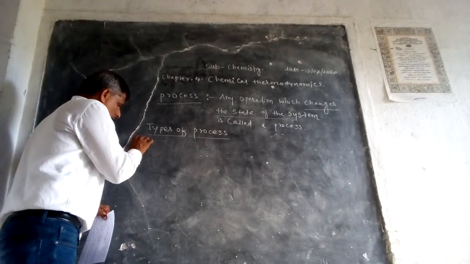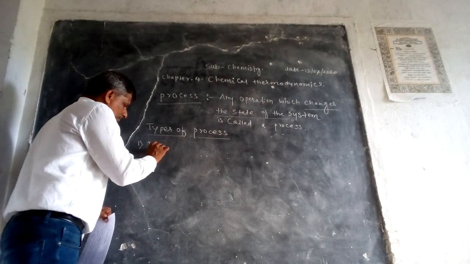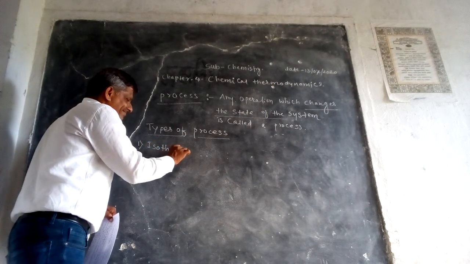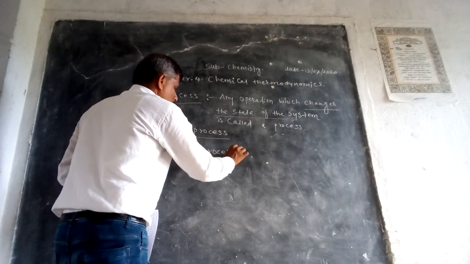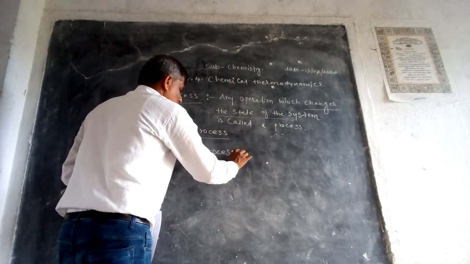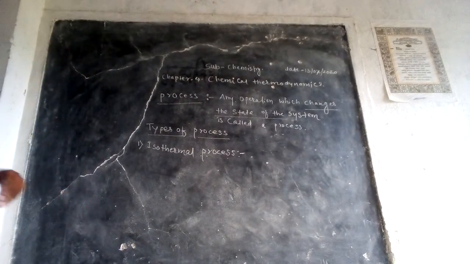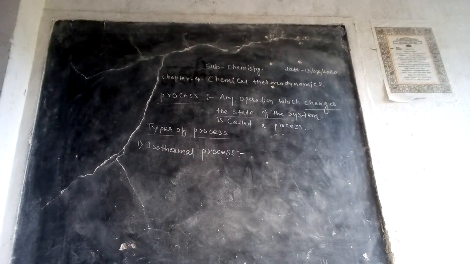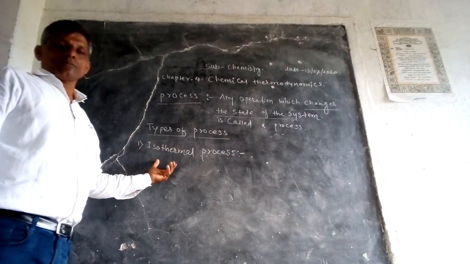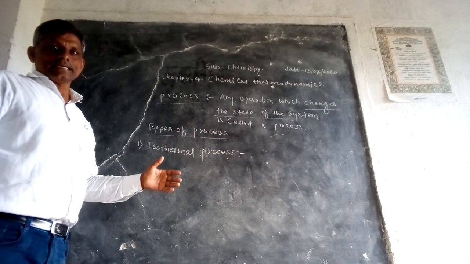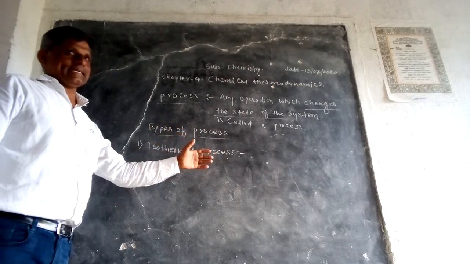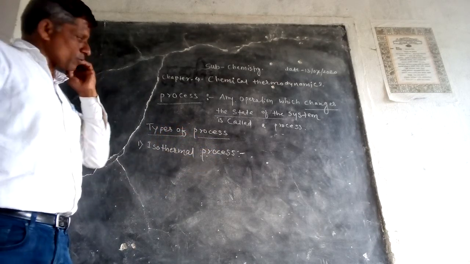First is isothermal process. I will write it first. I will tell you the meaning of this isothermal process, okay, and then we will learn. We will write down the definition of isothermal process.